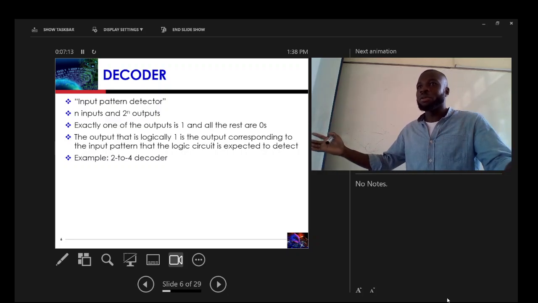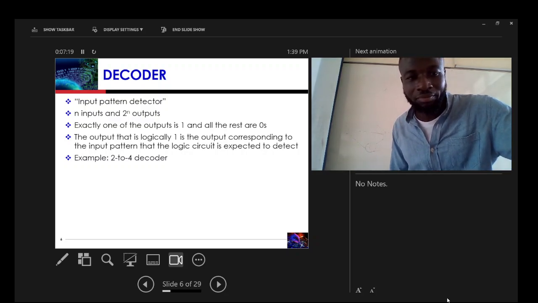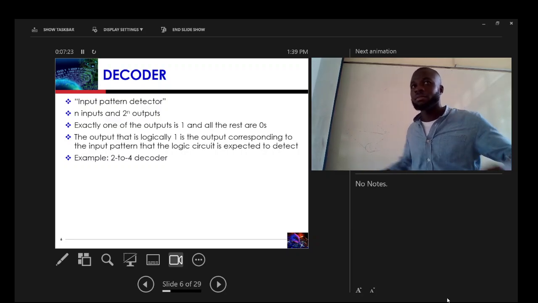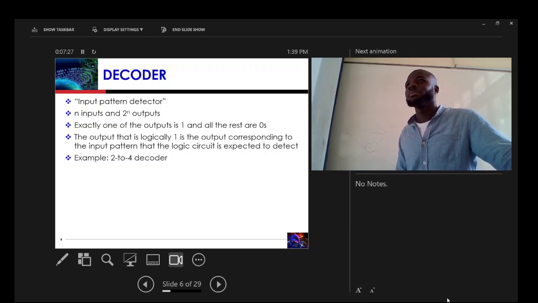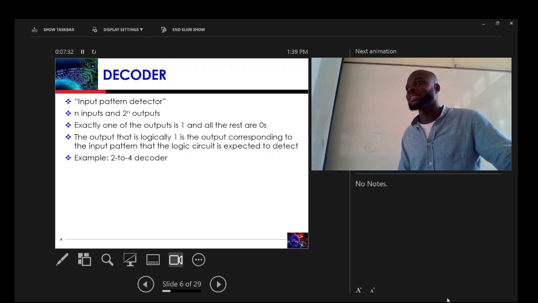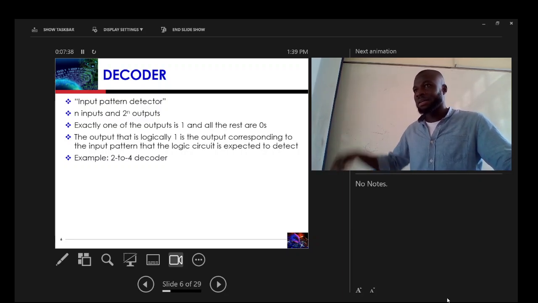So what is a decoder in terms of that? I mean, close, but not a single input. If it's a single input, how does it select the output?